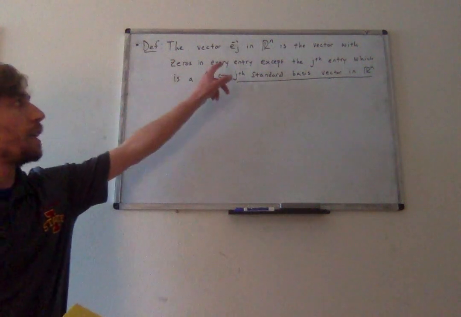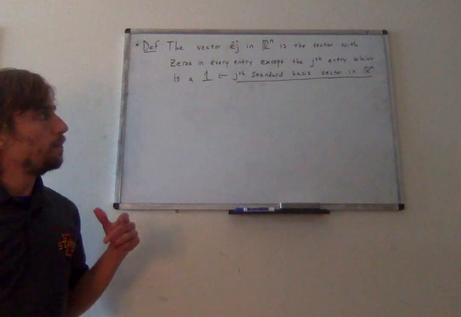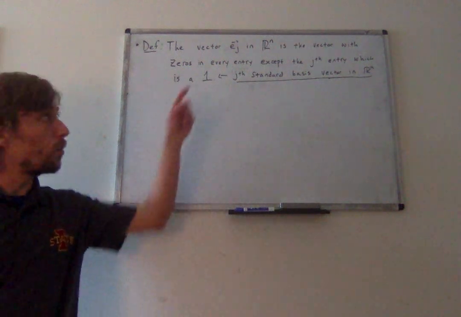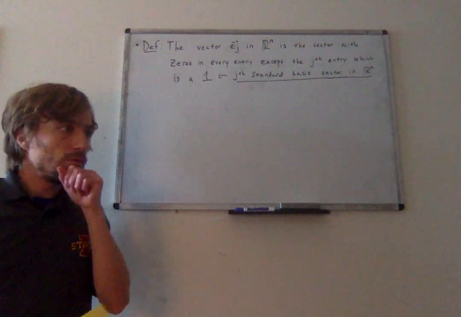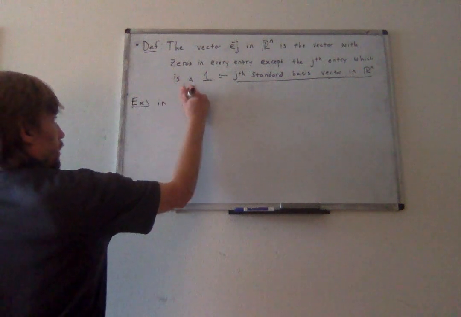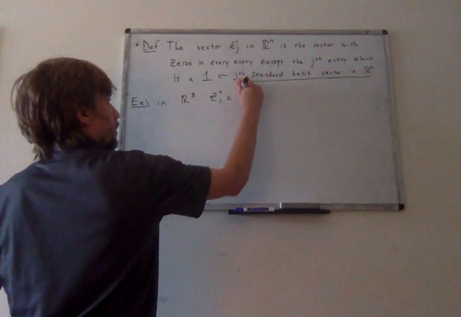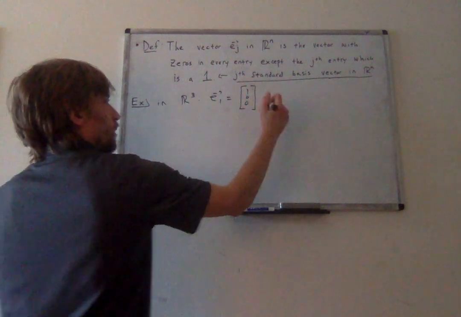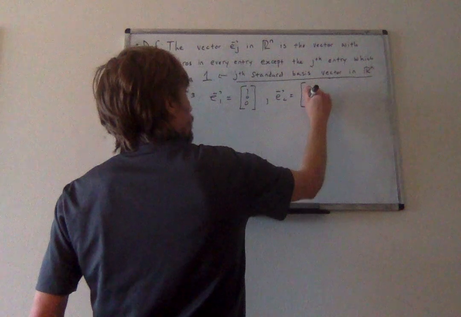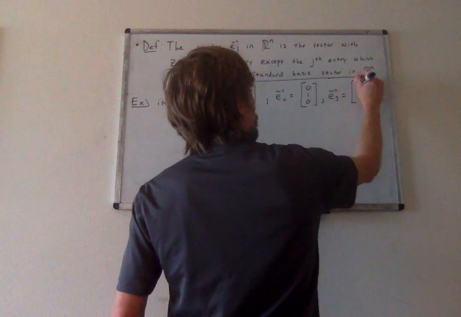And so notice exactly how this vector is defined depends on the space it's in, so be a little careful. Always make sure you know what length of vectors we're talking about when you see these. For example, in R3, the vector e1 is equal to (1, 0, 0), e2 is equal to (0, 1, 0), and e3 is equal to (0, 0, 1).